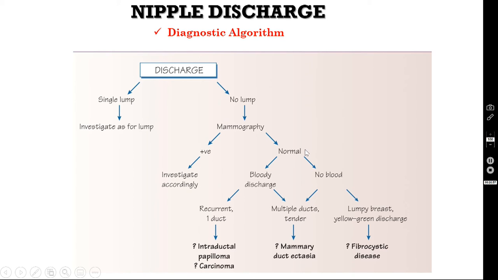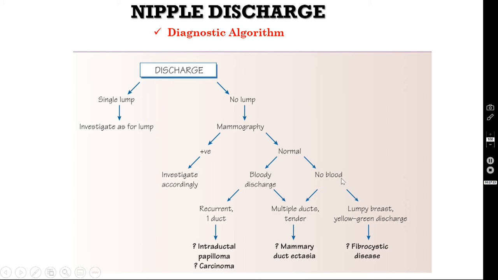If the mammography is normal, and the patient is having bloody discharge, and it is recurrent from a single duct, then you have to suspect intraductal papilloma or intraductal carcinoma. If the bloody discharge is coming from multiple ducts and it is also tender, then you have to think of mammary duct ectasia.